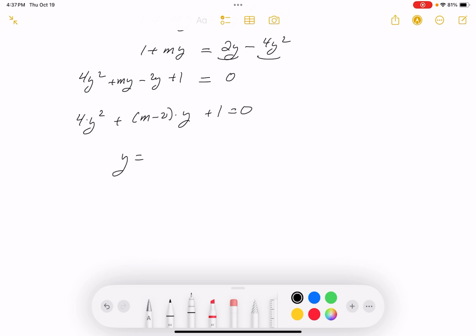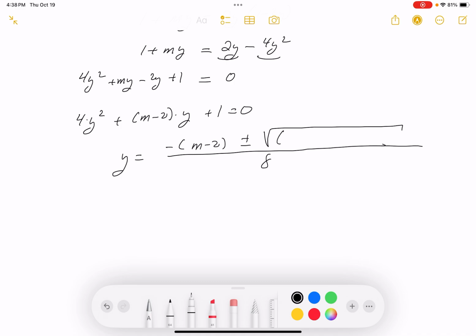So y, these are the roots. And you're going to get 8 in the bottom. That's twice the coefficient of the square term. The opposite of the coefficient of the linear term, plus or minus the square root of the linear term's coefficient squared, minus 4 times the coefficient on the square term, times the constant, which is 1. Let's write this down again.